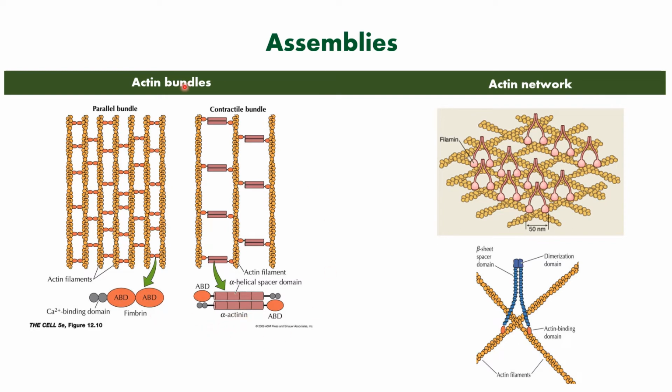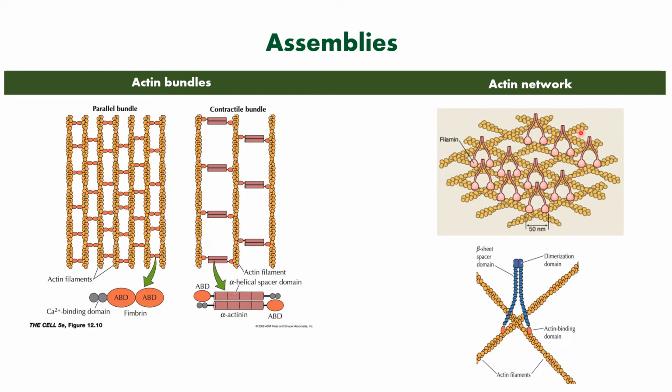So these are the bundles, while the networks are cross-linked in arrays to form a 3D meshwork. So here will be packed parallelly, and here it will be just cross-linked in arrays to form the 3D meshwork.